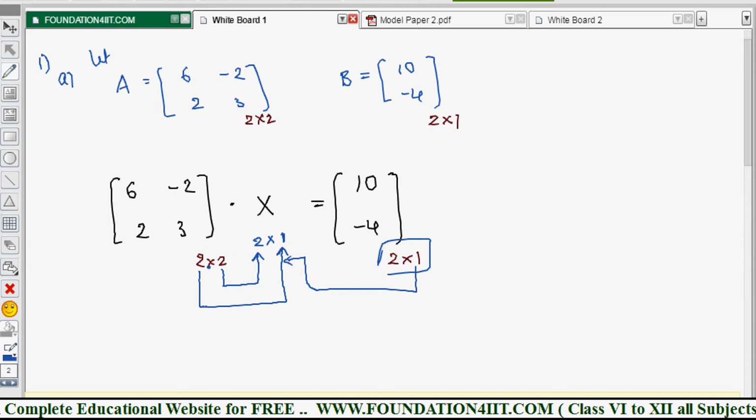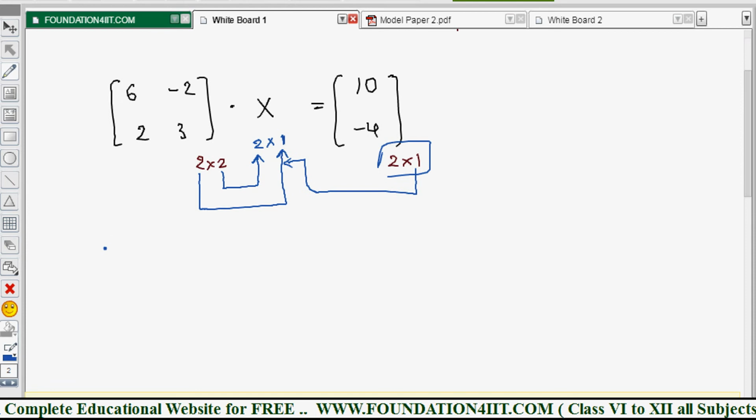So the middle should be equal, and the first number and last number, that means the first matrix rows and second matrix columns, should be equal to the resultant matrix order. That is 2 by 1. Therefore order of the matrix X is... if you want it more clear, you can see it like this.